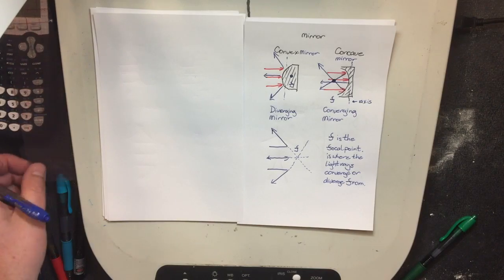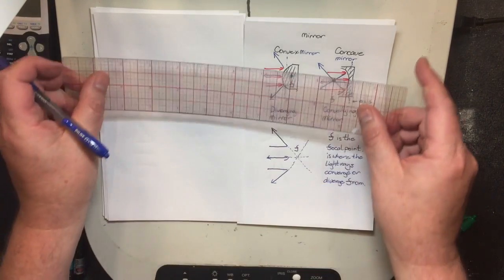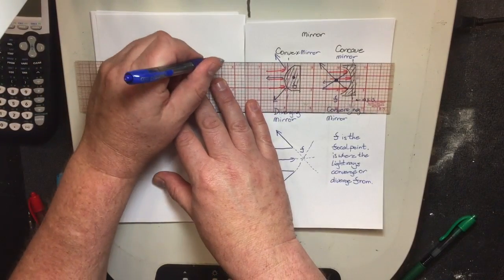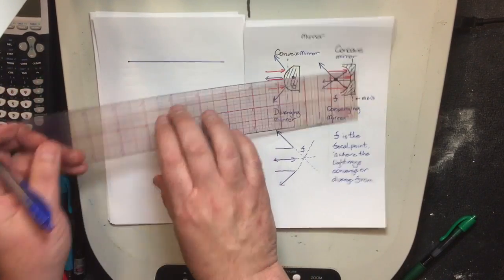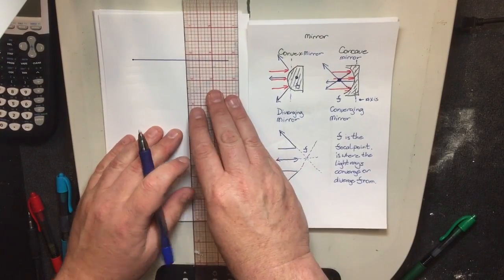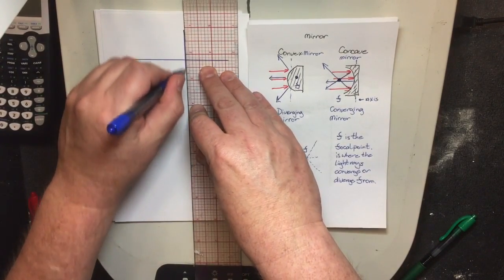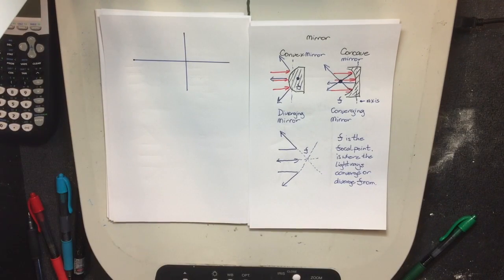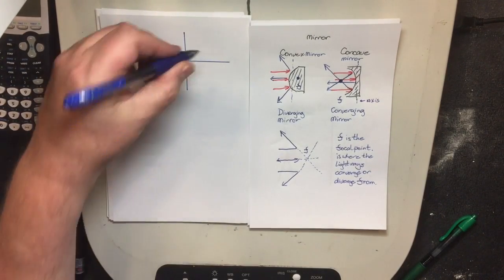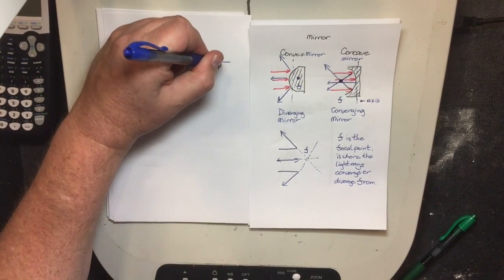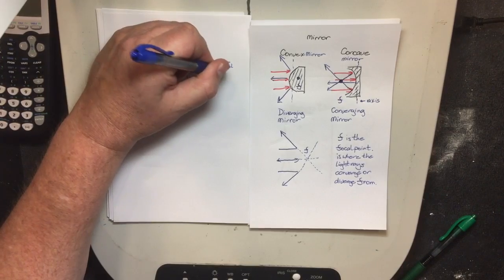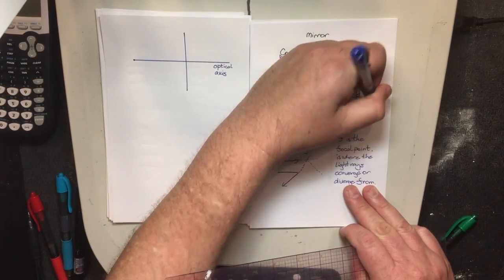Now when I normally draw a mirror, like when we do these light ray diagrams, I start everything with this. This is what we call our optical axis. And let me actually draw a better one.